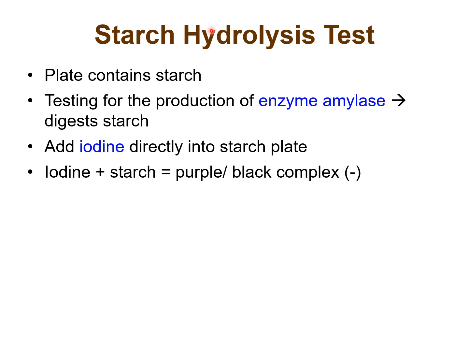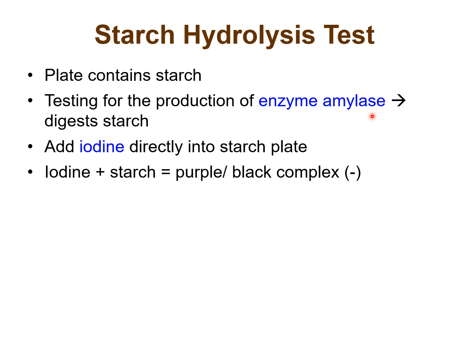What is this test for? We want to know whether the bacteria can produce an enzyme called amylase. What is amylase? Amylase is an enzyme that can help break down starch. We actually produce it in our saliva.